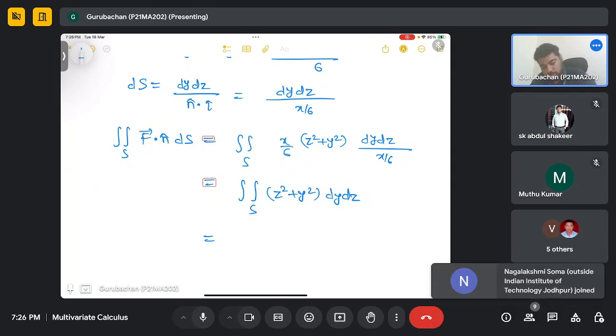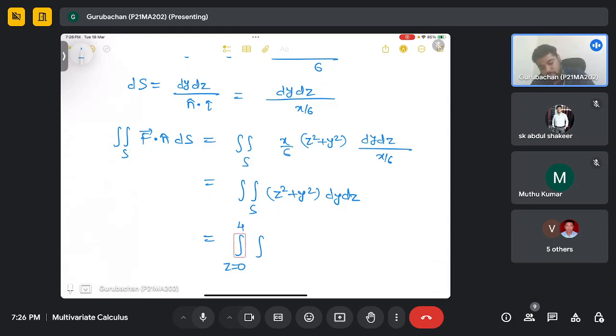So the limit for z can be 0 to 4 and the limit of y can be 0 to 6, with integrand z square y square dy dz.